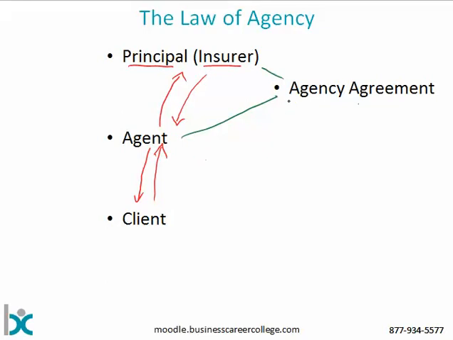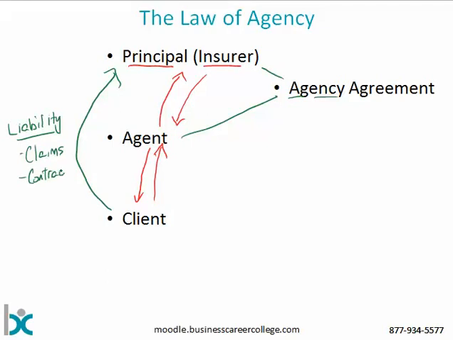As long as the agent is doing what's in their agency agreement, then any liability around claims or the actual insurance process will flow from the client to the insurer. This would be issues around things like claims and actual insurance contracts and so forth.